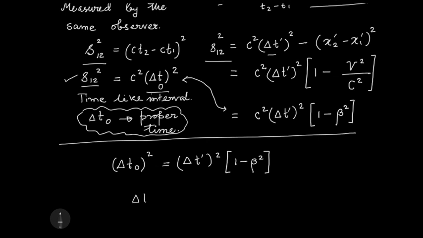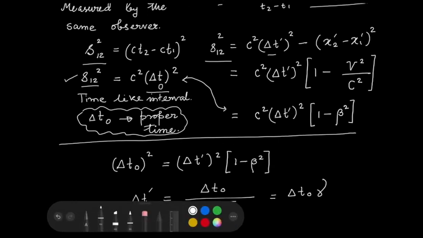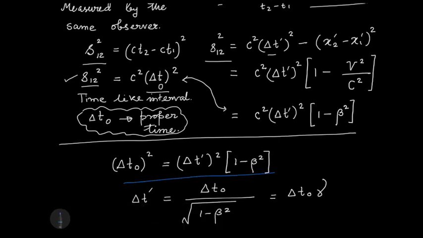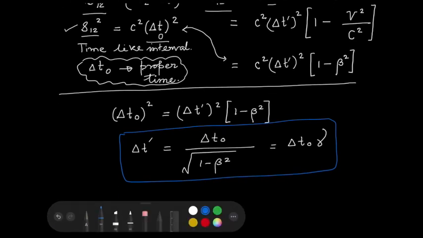So for any reference frame, if I want to know the time, I can write it this way. Delta t prime is delta t0 divided by the square root of 1 minus beta square. Or you will agree that 1 by the square root of 1 minus beta square is just gamma. So this is delta t0 times gamma. And this is the celebrated relation for time dilation.